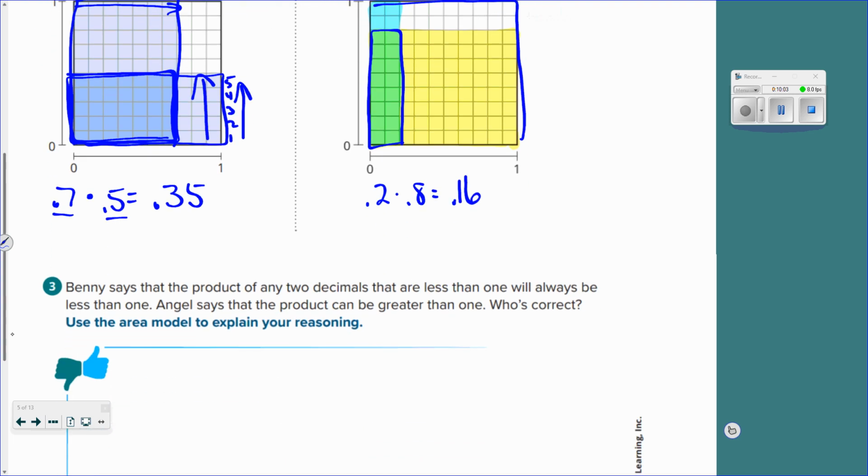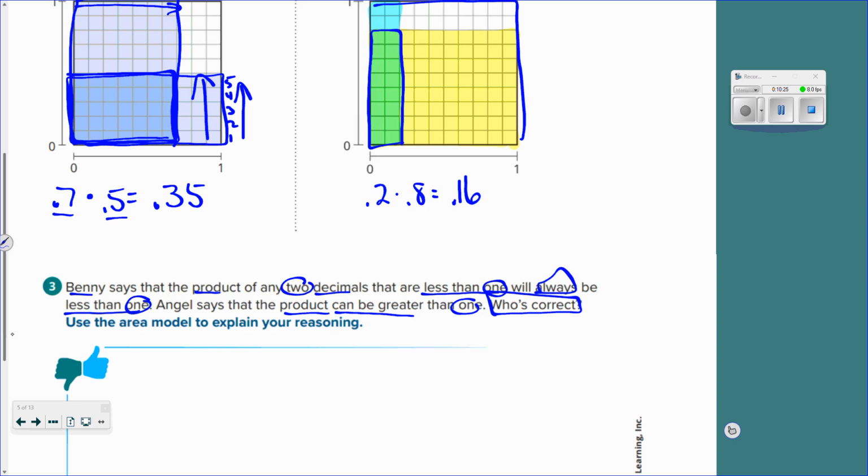So you now have seen the area models on these. Benny says the product of any two decimals that are less than 1 will always be less than 1. Angel says the product can be greater than 1. Who is correct? There's our question.